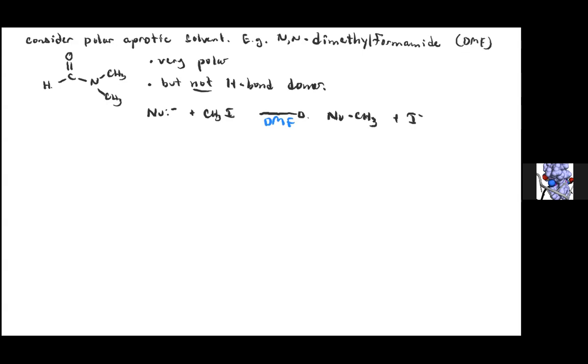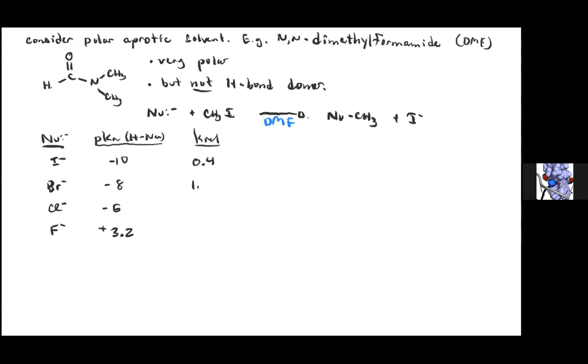We're going to have the same type of table where we have our nucleophile I minus, Br minus, Cl minus, and F minus, and then pKa's I'll put here: minus 10, minus 8, minus 6, 3.2. And then the K-rels: 0.4, 1.3, 2.5, greater than 3.